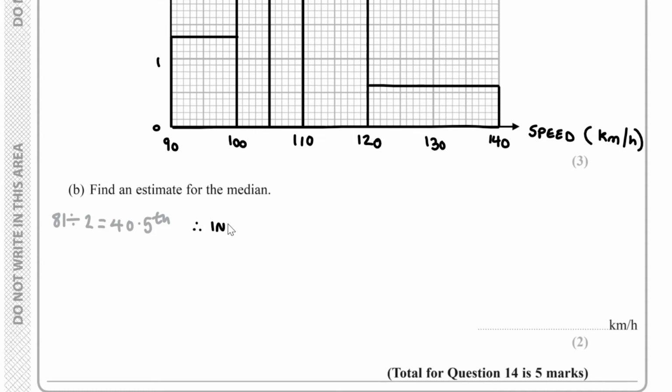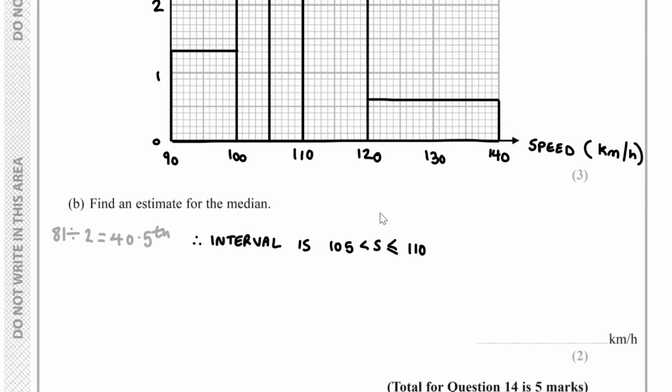So therefore the interval is 105 less than S, less than or equal to 110. So we need to find out the median. Okay, so let's think about how to do this.